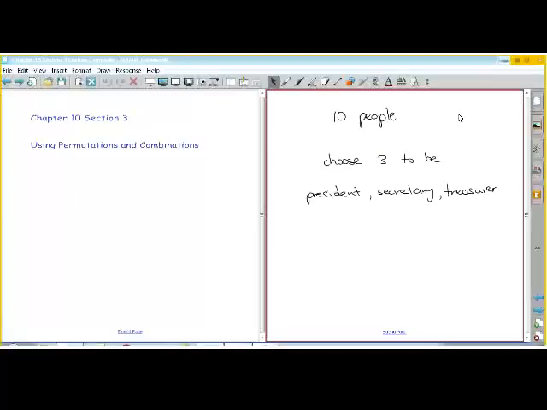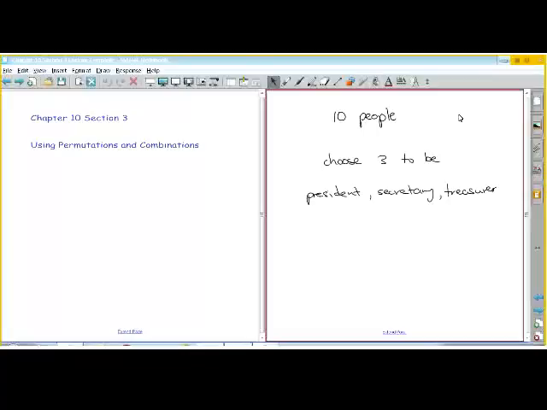So here's an example that we could solve using the fundamental counting principle. We have already solved it. You have 10 people in your class or your club, and you want to choose 3 people, 1 to be president, 1 to be secretary, 1 to be treasurer. So we have a 3-part process. The first step is to pick a president, the second step is to pick a secretary, and the third step is to pick a treasurer.